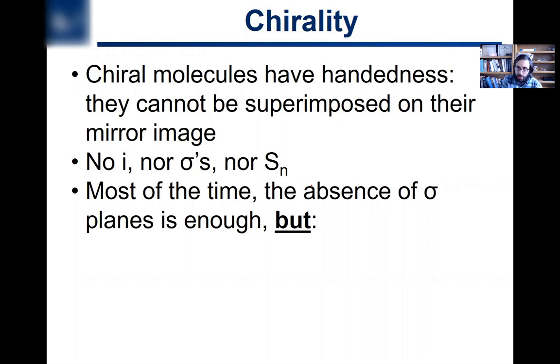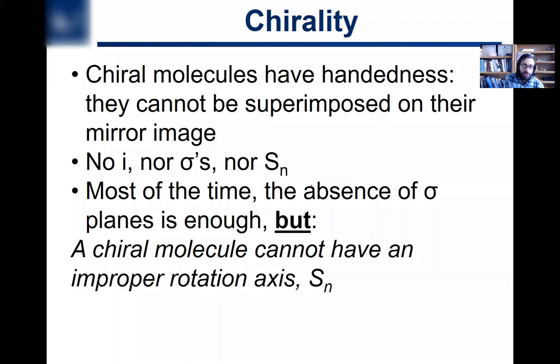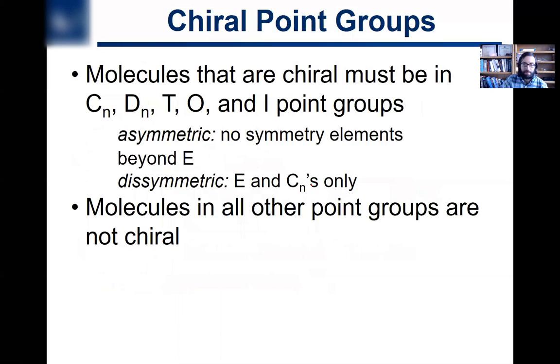But there are examples in both organic and inorganic chemistry where you don't have a mirror plane, but you're still not chiral. That's because a chiral molecule cannot have an improper rotation axis, Sn. So I'll show you an example of this later. It kind of blows up some conceptions that some people have.